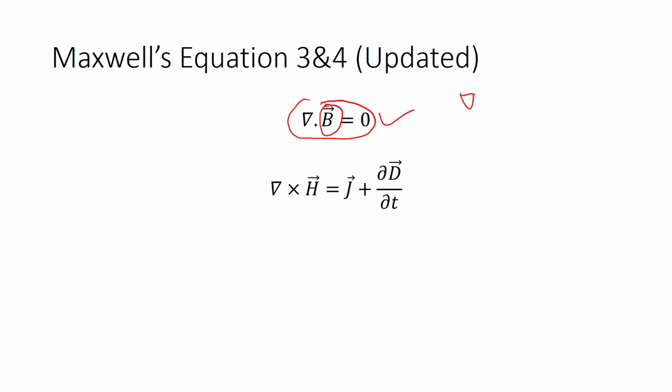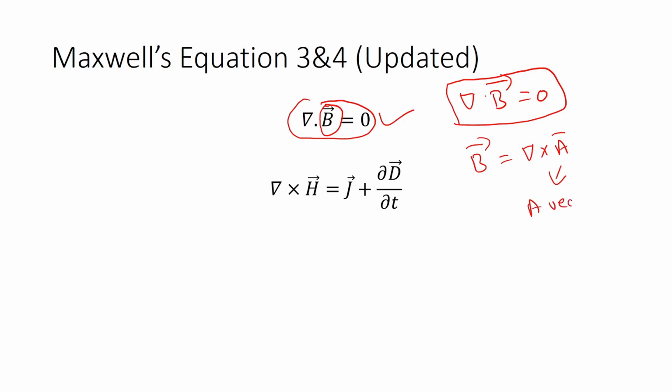From the equation ∇·B̄ equal to 0, we have said that because this is a solenoidal vector, this B̄ can be written as the curl of Ā, a vector magnetic potential. Now, because this equation has no change, there is no change in the vector magnetic potential.